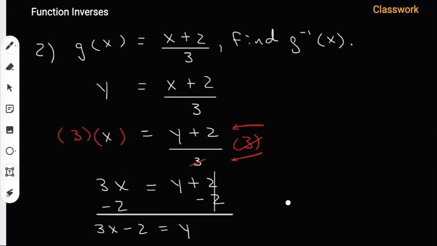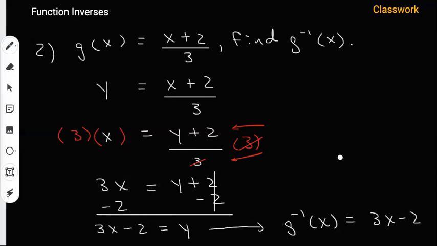Y is by itself on the right side. Well, there is one more step I need to do. I need to replace y with a g inverse of x. So what's that going to look like? It's going to look like g inverse of x is equal to 3x minus 2. And I'm done. That's my inverse.